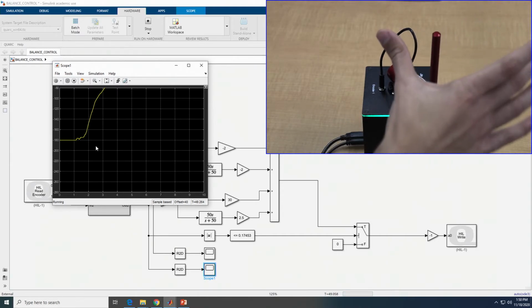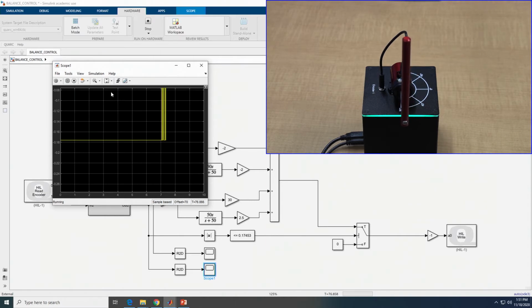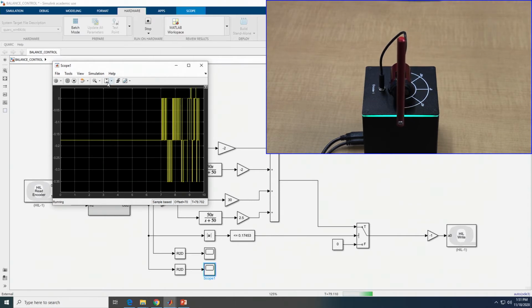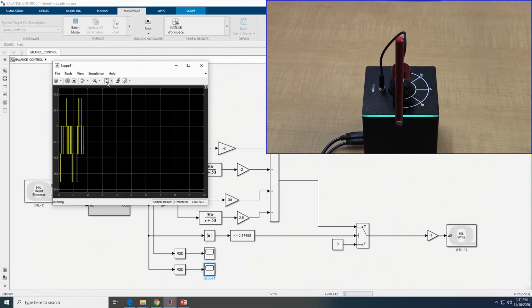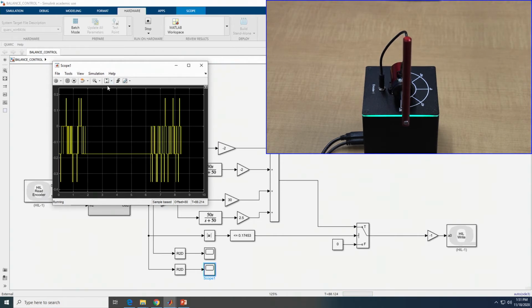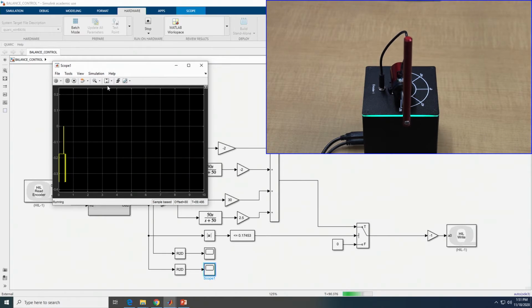As you can see, the angle of the pendulum is approximately equal to 0. There are a little bit of fluctuations and oscillations, but the overall behavior is around the point of 0.